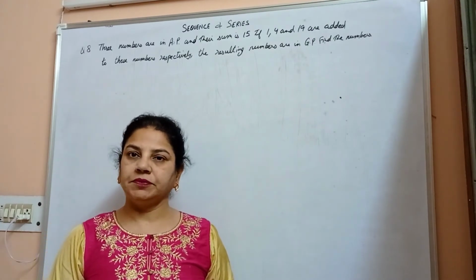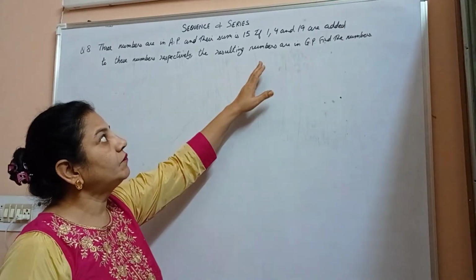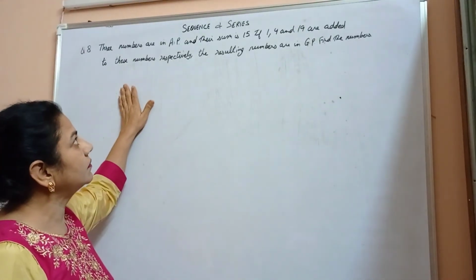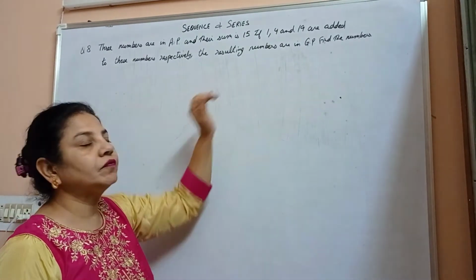Three numbers are in GP whose sum is 15. If 1, 4 and 19 are added to these numbers, the numbers become in GP. We have to find the numbers.